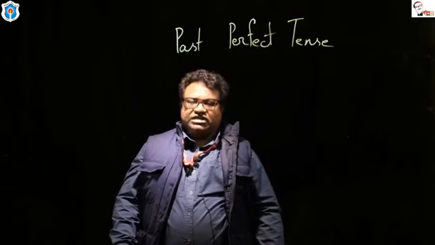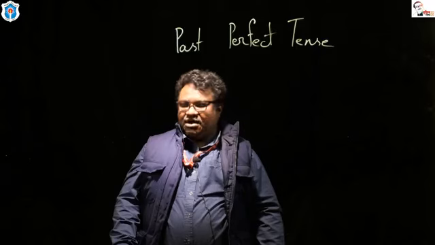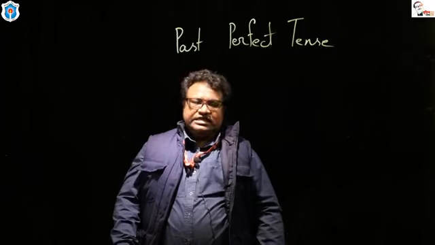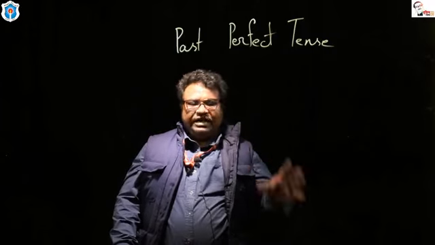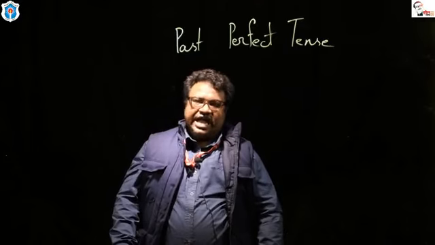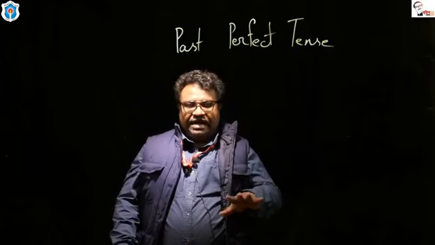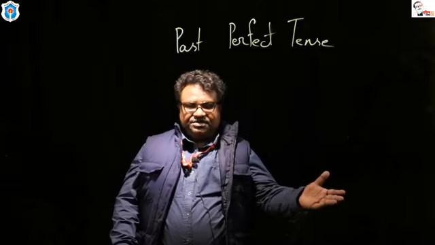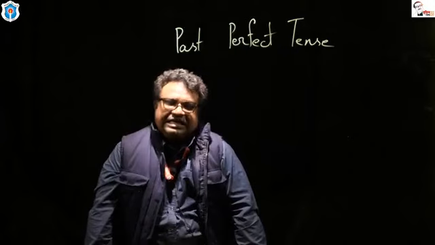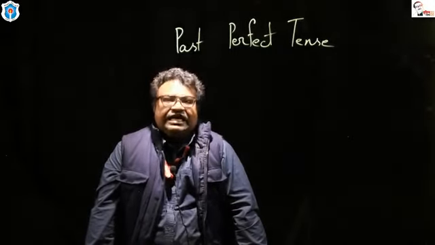The structure of past perfect tense is used when we speak about two particular tasks that happened during the past, and one happened just after another. So two tasks happened, one after another. In this case we use past perfect tense. Let's see.